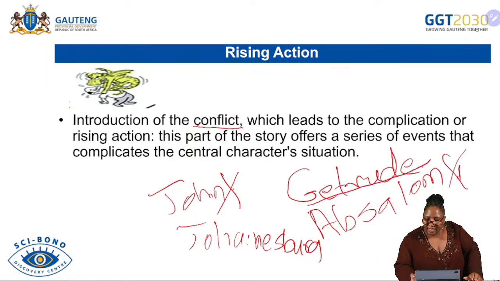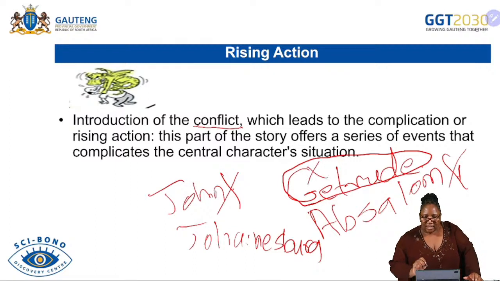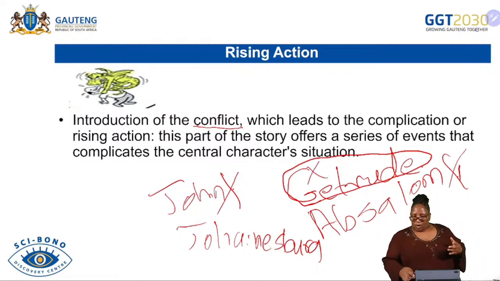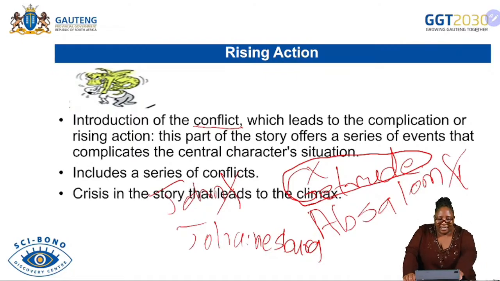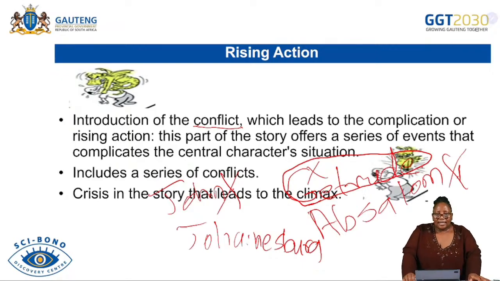It's only focusing on Gertrude, that Gertrude is sick. Then we want to know more. So it's like it says here, it includes a series of conflicts. Another conflict that we mark here is there's also John. There's also Absalom. Where are they? In Johannesburg. And Khumalo must now go to Johannesburg to see his sick sister.